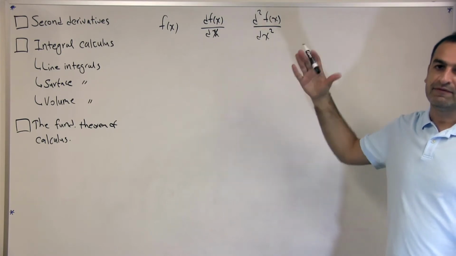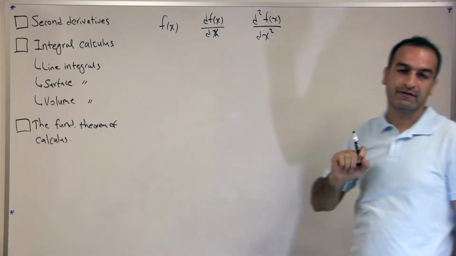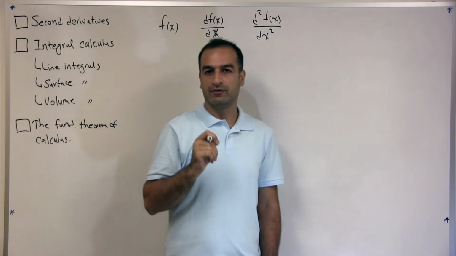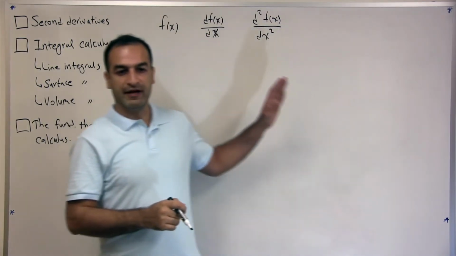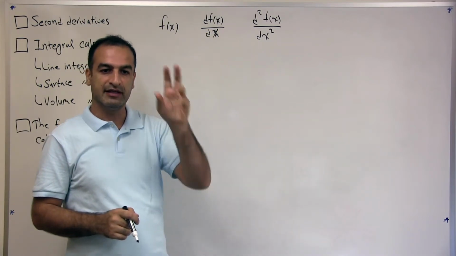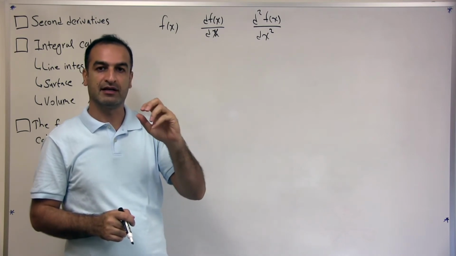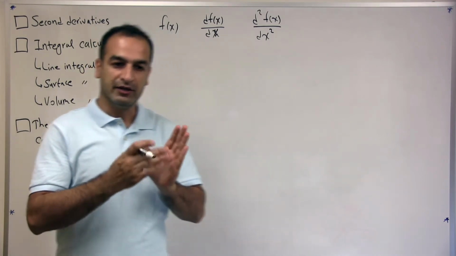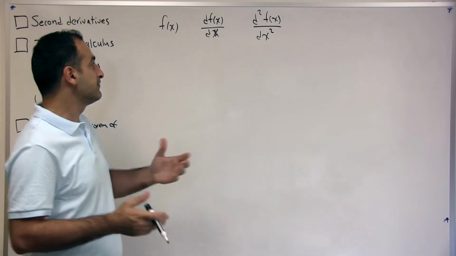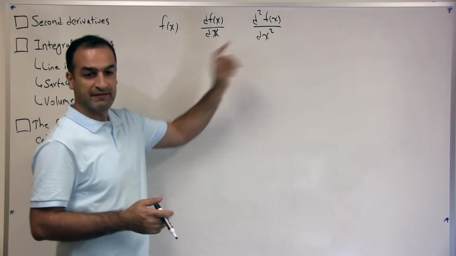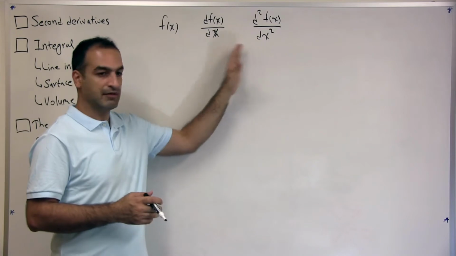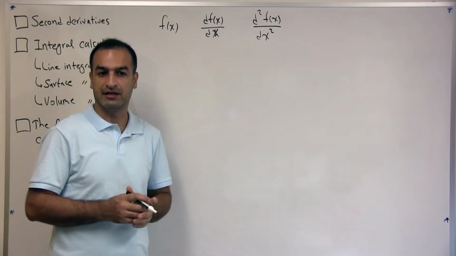In physics, if you use the second derivative, you are coming up with a different physical quantity. If f(x) is the position, df over dt becomes velocity, and the second derivative with respect to time becomes acceleration. So you really come up with different variables and different functions, and a lot of the time in physics, because the variable you are taking the derivative with respect to has a physical unit, you will come up with a very different physical unit as well.